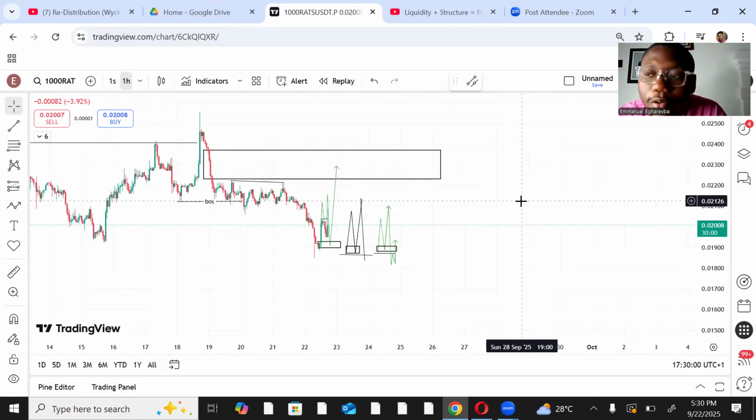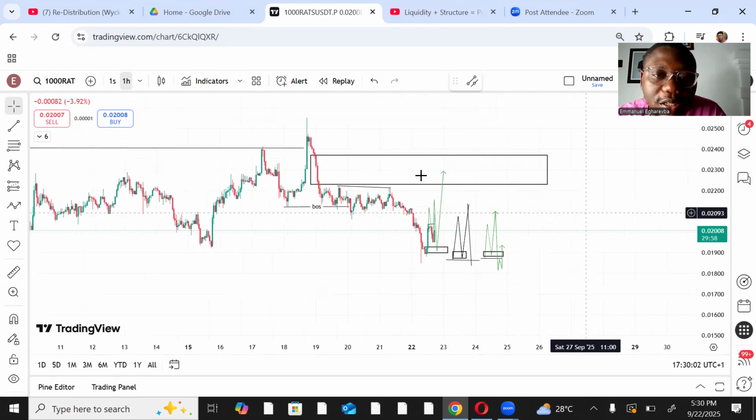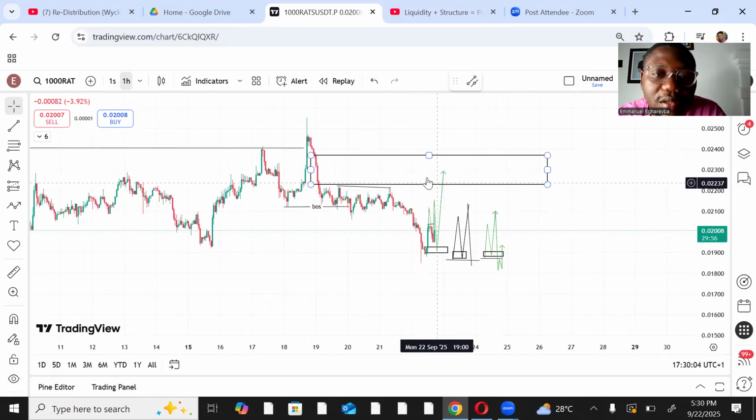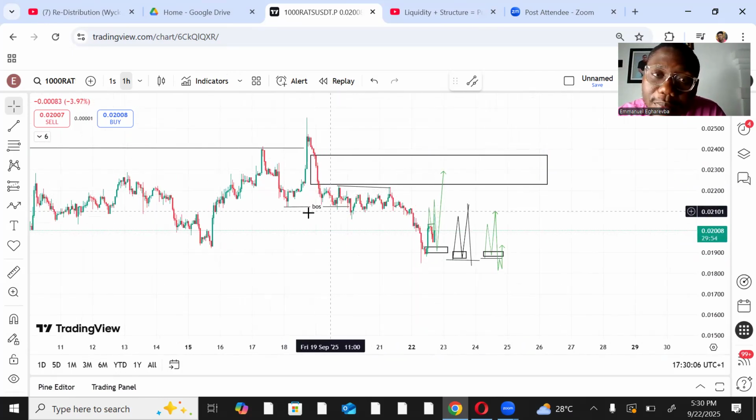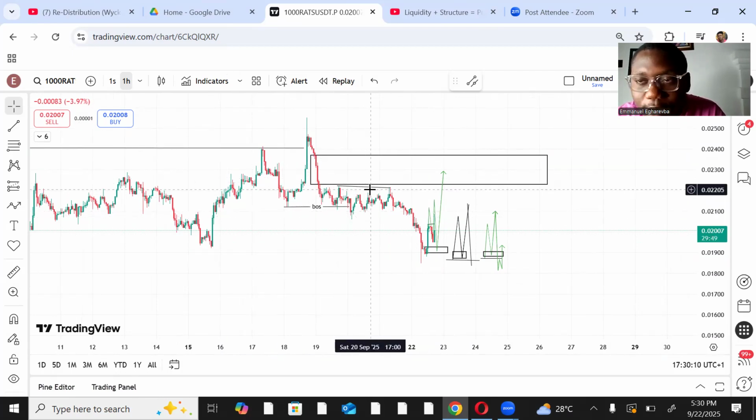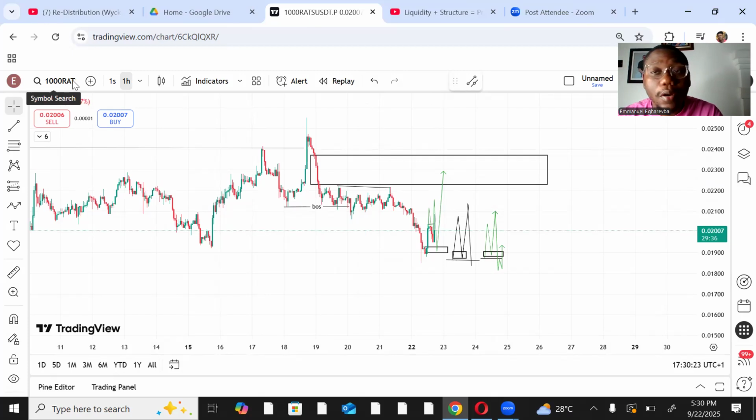We start looking for what? Sell confirmations. We start looking for sell entries from here because the market is overall bearish. We're not bullish. Overall what? Bearish. So this is how you frame your setup accordingly in alliance with the dominant trend from the daily or the weekly or the 4 hours.